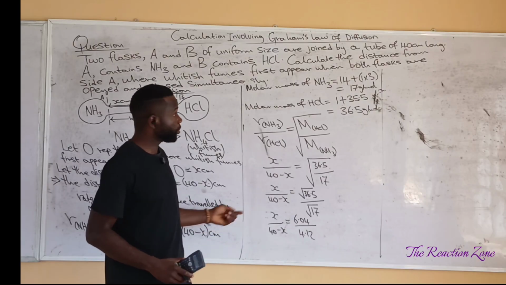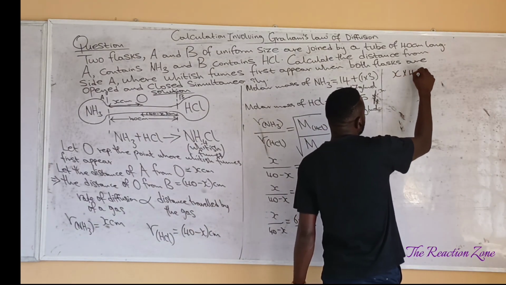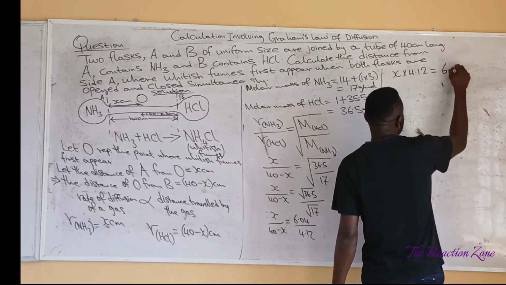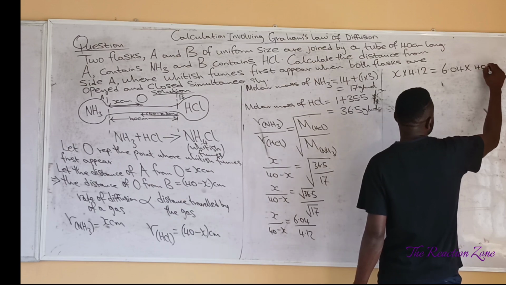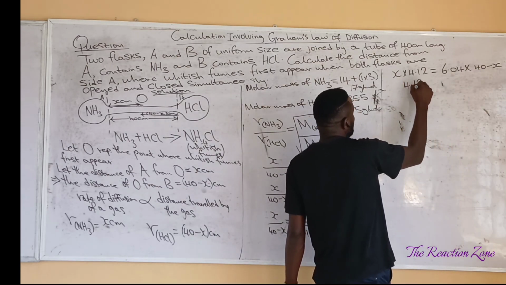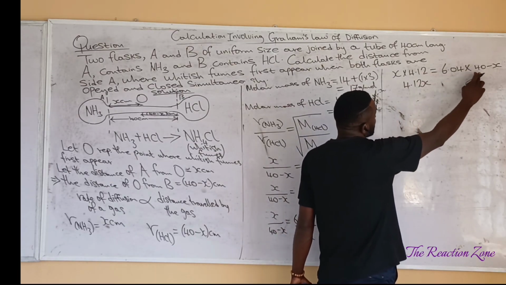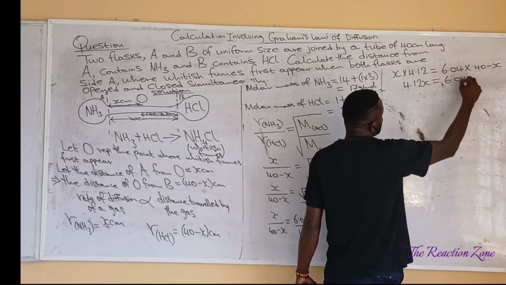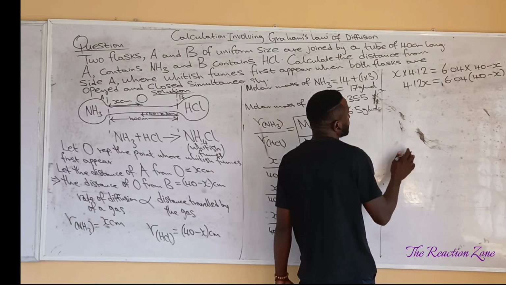So the next thing to do is to cross multiply. X times 4.12 is going to be equal to 6.04 times 40 minus x. So this becomes 4.12x. This 6.04 is not just multiplying 40, but the whole of 40 minus x. So we represent it as 6.04 into bracket 40 minus x.